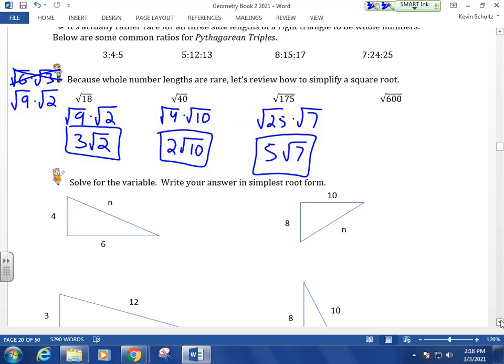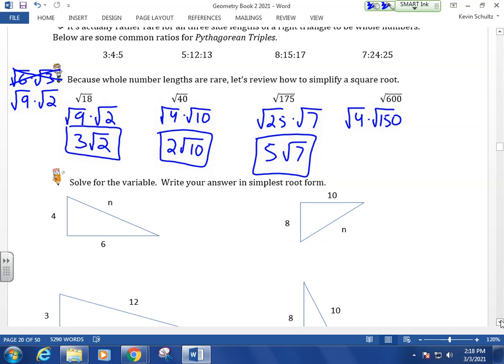How about root 600? Root 600, Elise. Root of 4. No. Wait. No, 4 does go into 600. Yeah. Root of 4 and root of 150. Okay. Anybody have another option? What were you going to say, Sebastian?